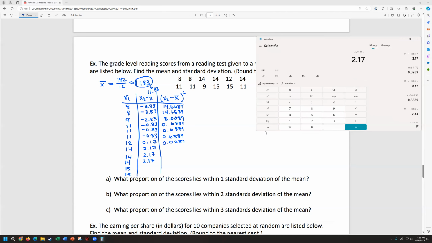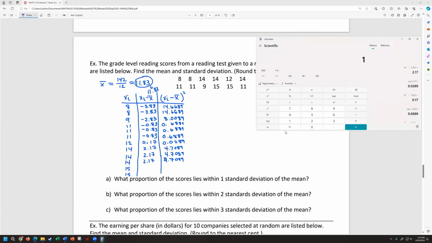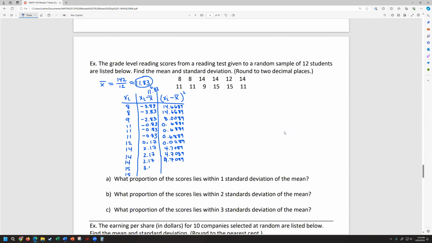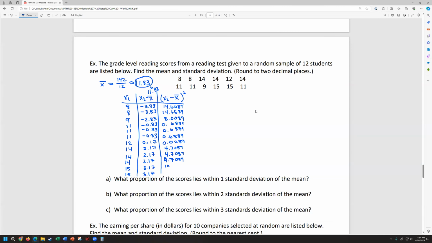And then I'm going to square it. 4.7089. And again, that's the same element 3 times. So we write that 3 times. And then we have the 15. So 15 minus 11.83 is 3.17. And then when we square that, we get 10.0489. And that's for both of those.